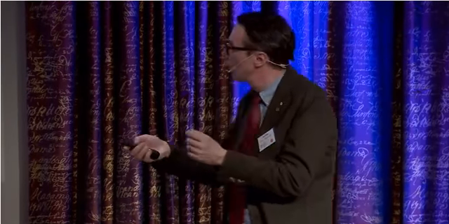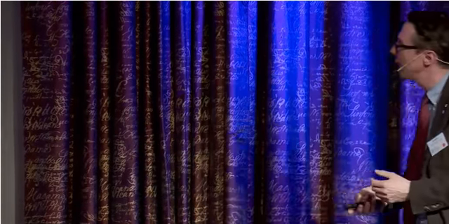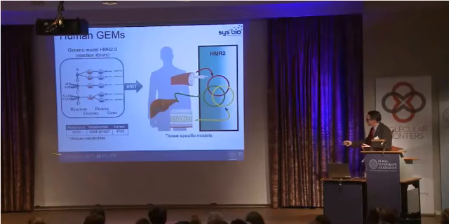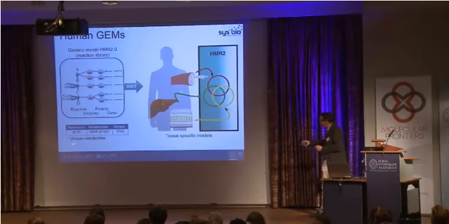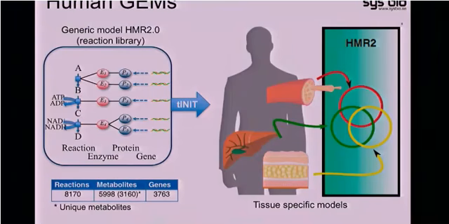You can imagine for human cells, with many more reactions and many more genes and enzymes, it's even more complex. But now we have a scaffold, and we can use this scaffold for analysis. And just some numbers for the human model: we have more than 8,000 reactions here, and actually close to 4,000 genes associated with this.